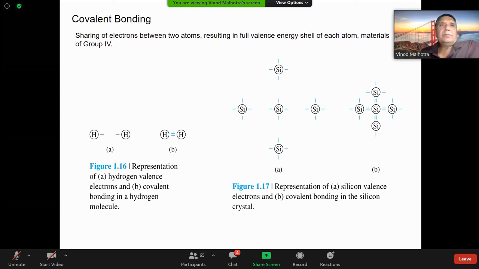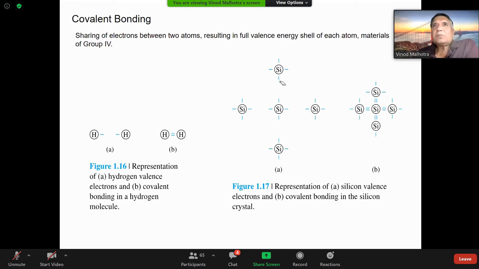Okay, now covalent bonding, hydrogen is the simplest of cases, right? So there's one electron, and the bonding is that each hydrogen atom shares with its neighbor, and so that becomes H2, right? So you have that covalent bonding that goes on.